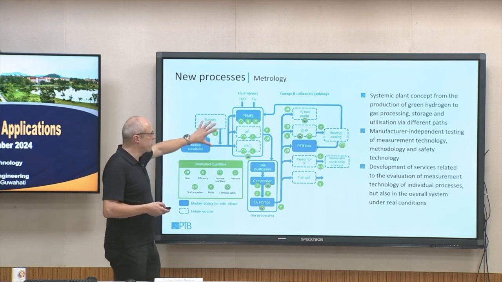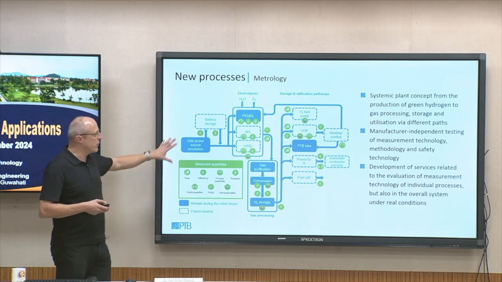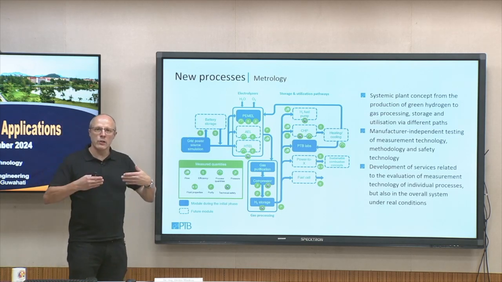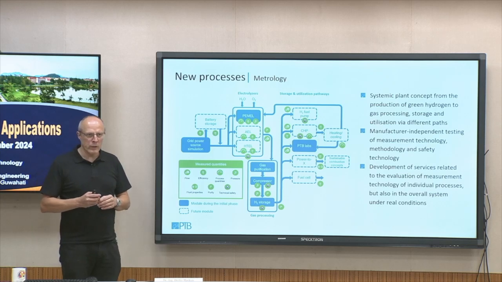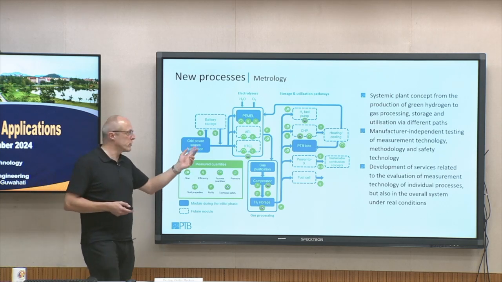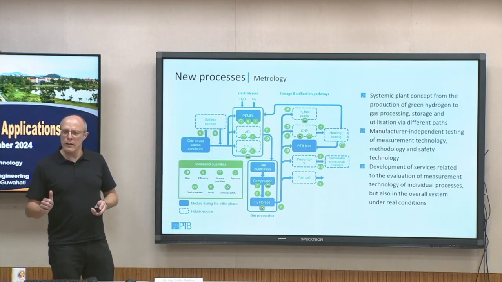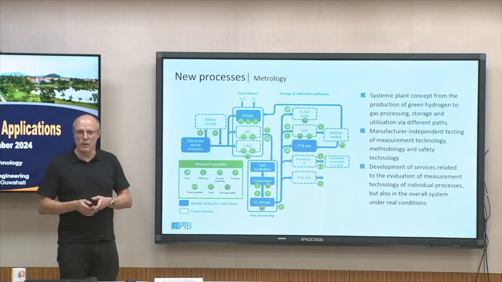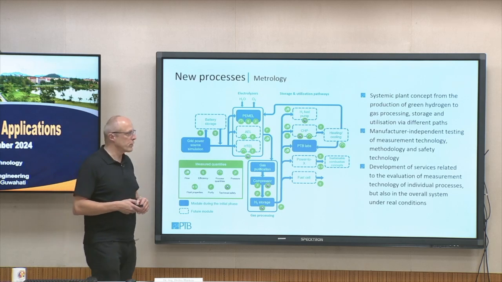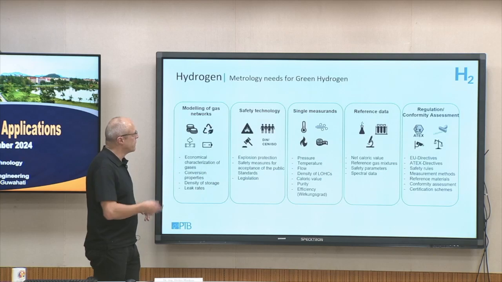So we have a lot of research topics here, and the advantage of having such a structure is that we can go to the limits. We cannot do this somewhere else. Go to a company which is using such an electrolyzer and say, okay, now we will try to start an explosion in your electrolyzer. I think this will not be possible, but this we can do here on our own.